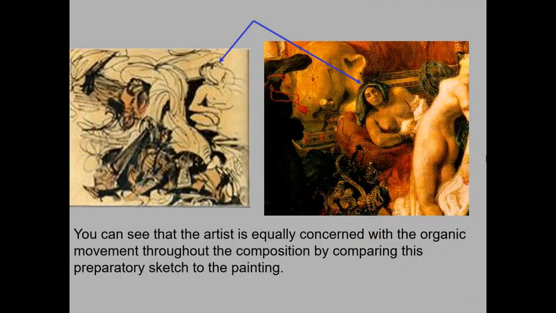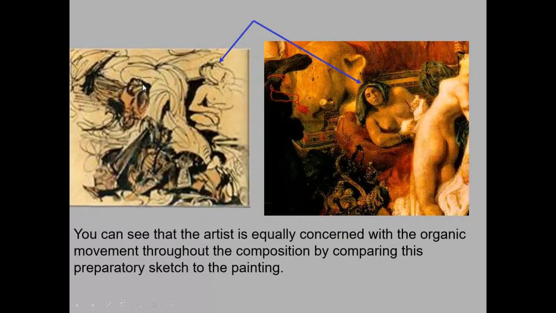At first glance, it looks like a very abstract 1950s Abstract Expressionist piece by someone like Pollock. It looks like just kind of blobs and splotches. But if you look closely, in and amongst all of these curvaceous, curving lines, you can actually see the shoulder, the elbow, the forearm, the head, the breast. That is clearly this figure. And she is at the foot of the couch or bed. You can see that here.